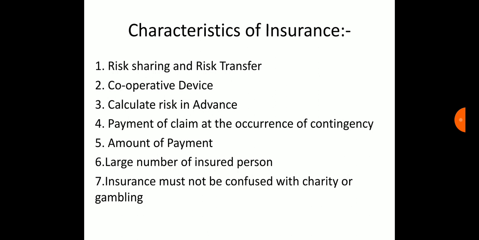Third, calculates risk in advance. The risk is evaluated on the basis of probability theory before insuring. The premium payable on a policy is to be determined. Probability theory is that body of knowledge which is concerned with measuring the likelihood that something will happen and making estimates on the basis of this likelihood.